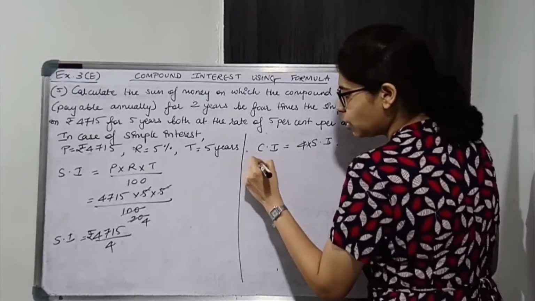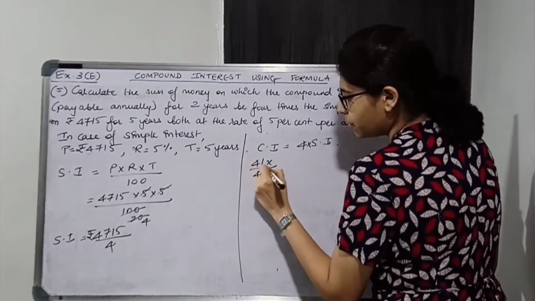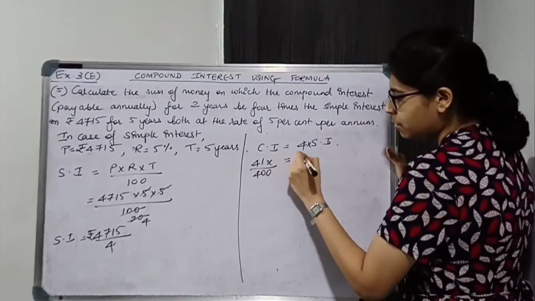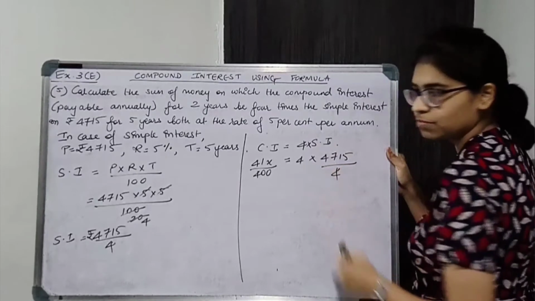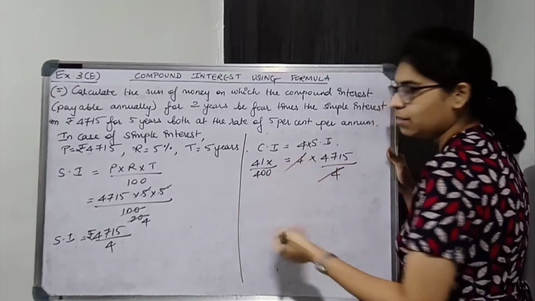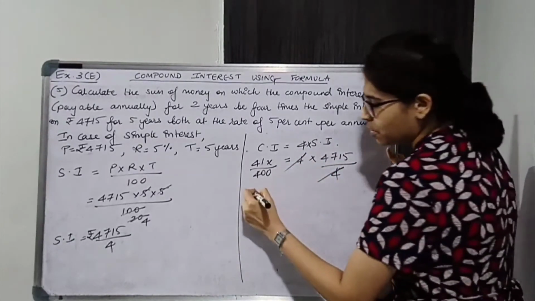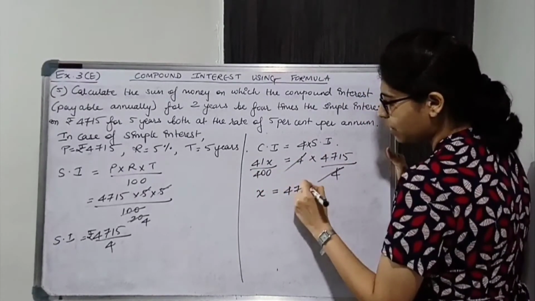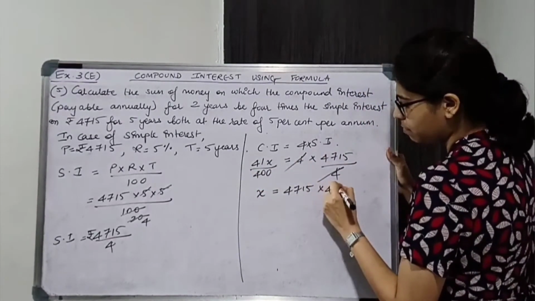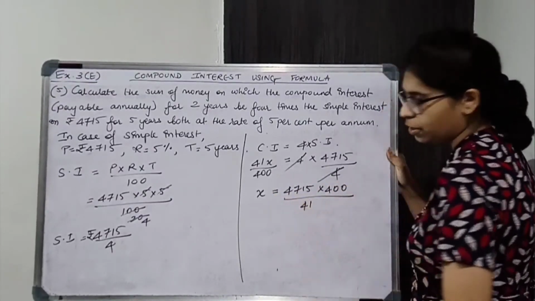Here we got 41x upon 400 and here 4 into simple interest is 4715 upon 4. So you see this is getting cancelled. Shift the numbers to the other side. X is equal to 4715, this will go in the numerator and 41 will go in the denominator.